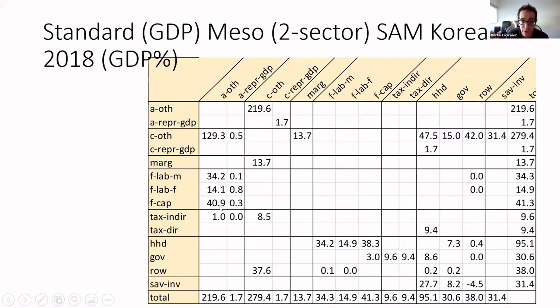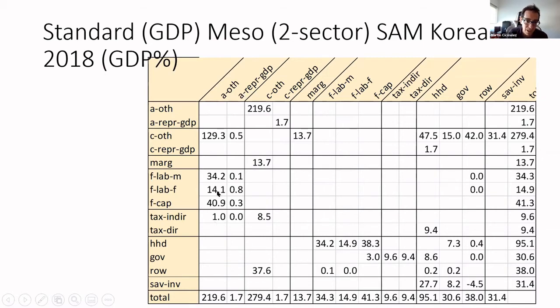And the rest of value added went to capital, and a small share, a 1% share of GDP, went to taxes on activities. So what we see here in the first two columns are the cost structures of the GDP care sectors and the non-care GDP sectors.